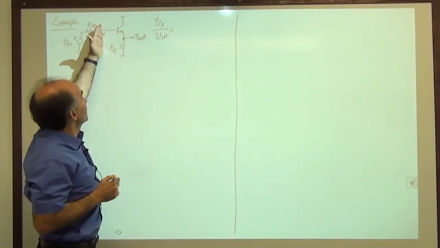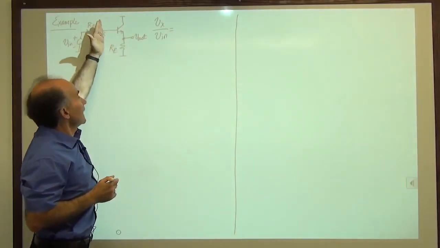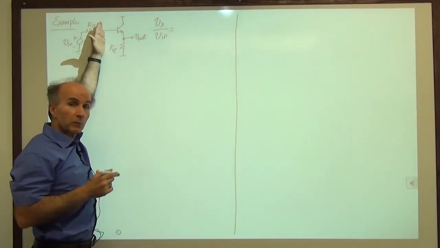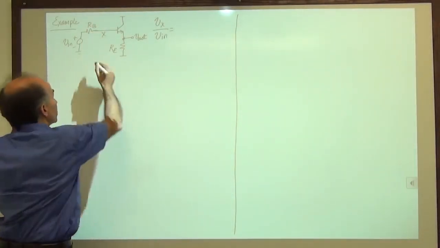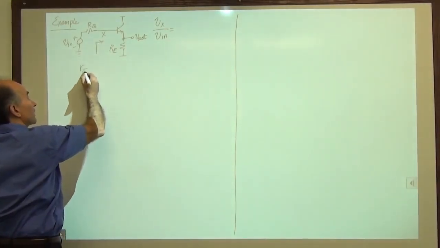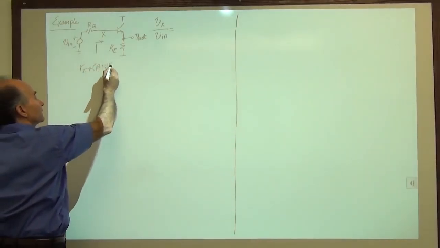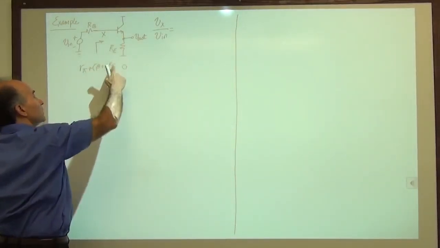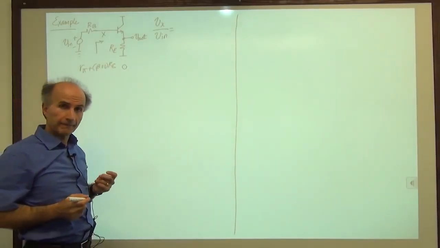So how much is the resistance that this circuit presents at this point? That would be the input impedance of the circuit. So I put an arrow here, and I say the input resistance of an emitter follower is R pi plus beta plus 1 times RE.